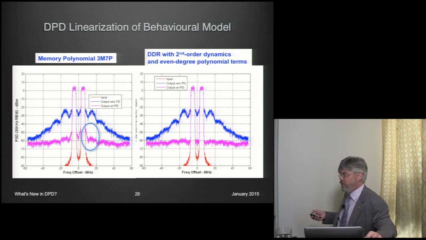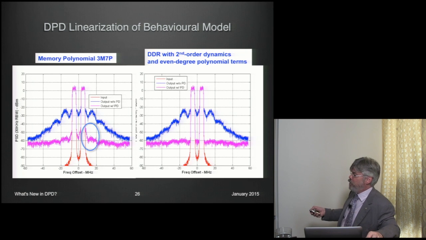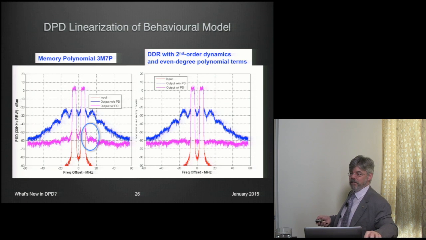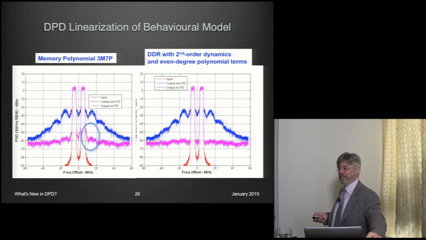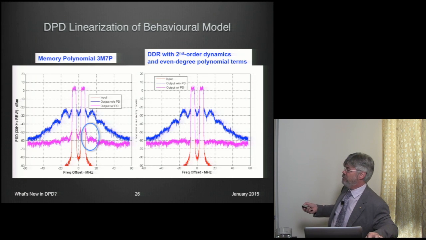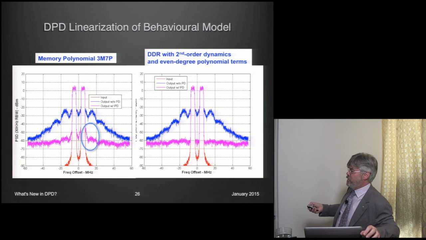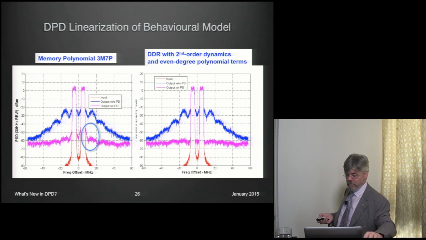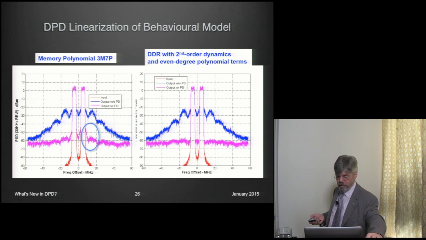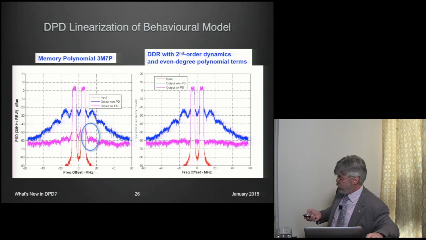It might not be terribly important in handsets, but if you've got a several hundred watt PA, this small bit of signal here defeats your spectral emission mask, which is an absolute value of minus 13 dBm or something like that. So you're really screwed if you can't get rid of these close-in things. This is what the Volterra series can help you do. And if you're clever about crossing out the cross terms that you don't need, then you end up with a system that's reasonably well put together.